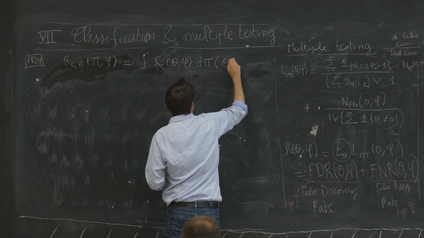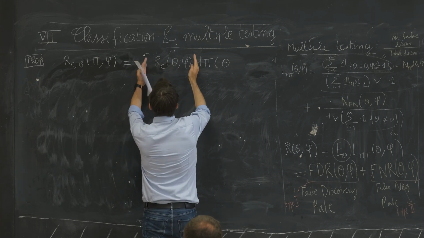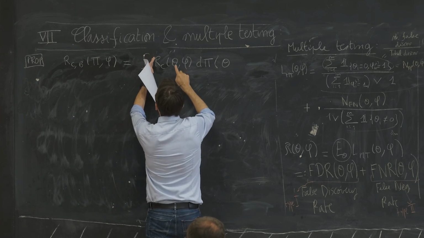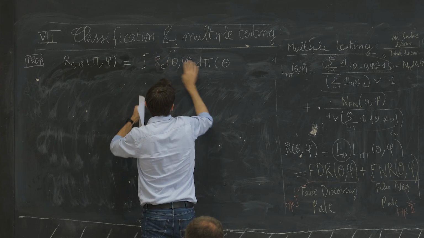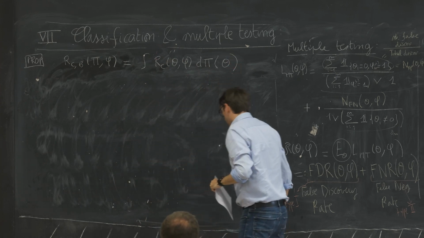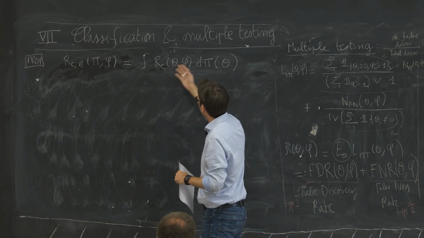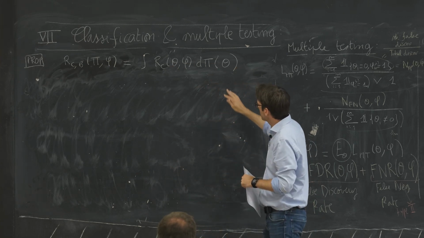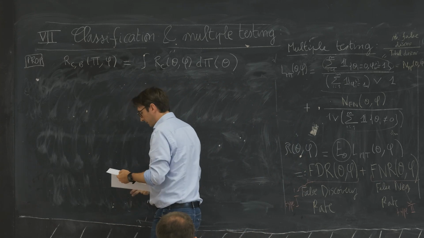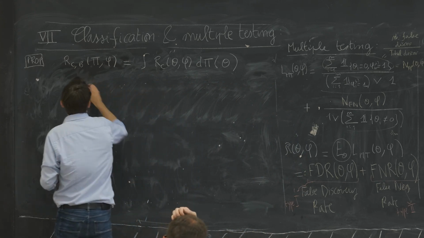So instead of evaluating this at a given vector theta 0, I take the average against the prior. This is sometimes called a bit subjective because it is a measure of risk that depends on the prior, as suggested by the notation.